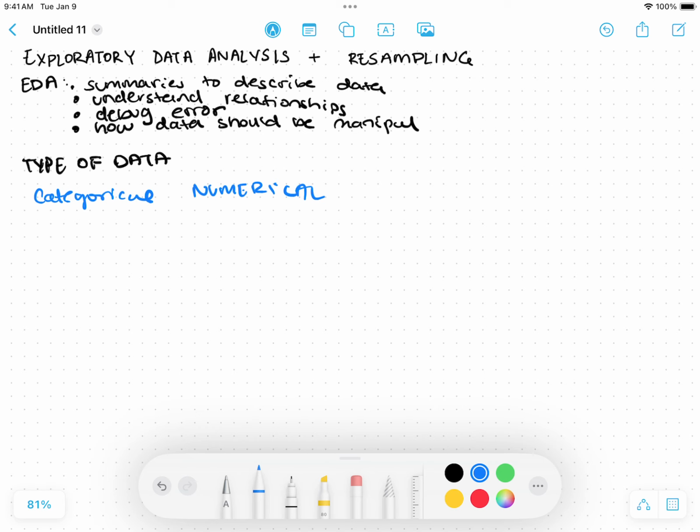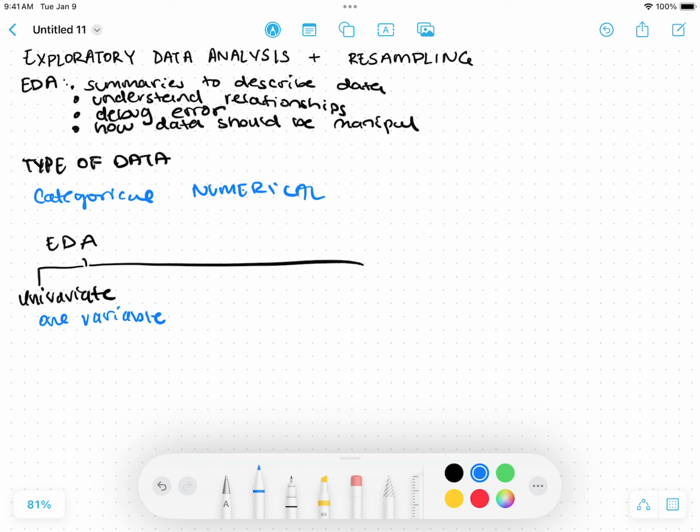Okay, so when we're conducting EDA, we have two different categories, right? The first one is going to be univariate. And this basically is for describing one variable. So there's no sort of relationships involved between variables, because here we're only describing one, right?